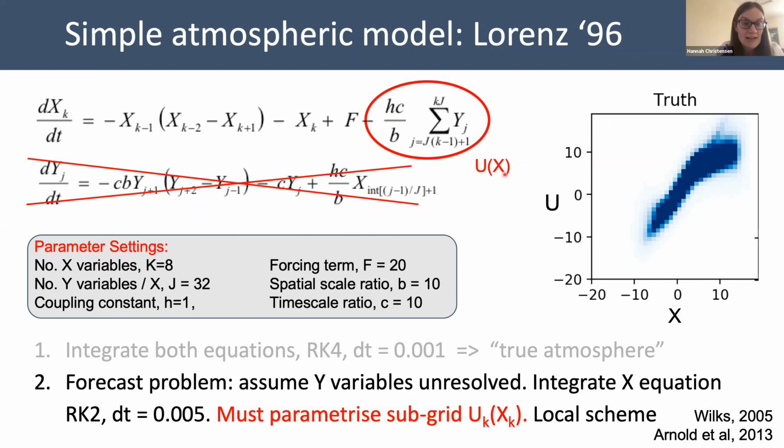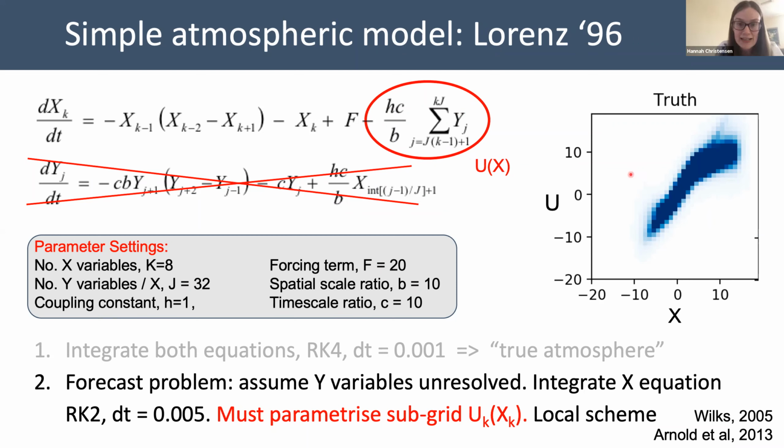And what we're actually choosing here is that our parameterization is going to be local. So it's only going to be a function of x_k, the parent x variable. And this is to mimic what we do in the real atmosphere, where our parameterization schemes are embedded within each subgrid column.